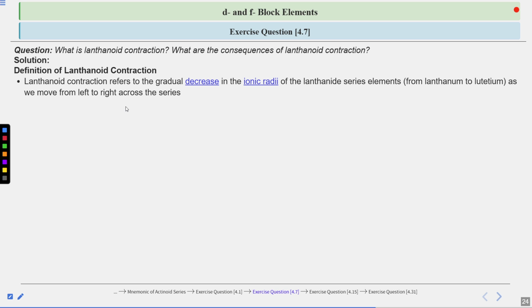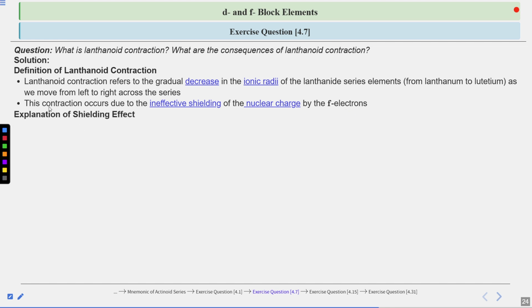So when we move across the series from lanthanum to lutetium, there is a gradual decrease in the ionic radii of the elements, that is referred to as lanthanoid contraction. And why does this contraction occur? Due to the ineffective or poor shielding of nuclear charge by the f electrons.